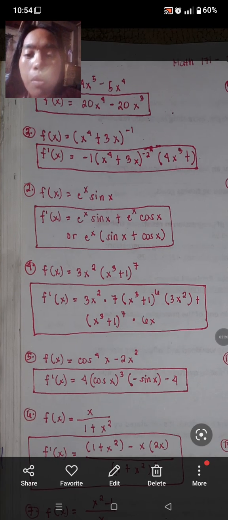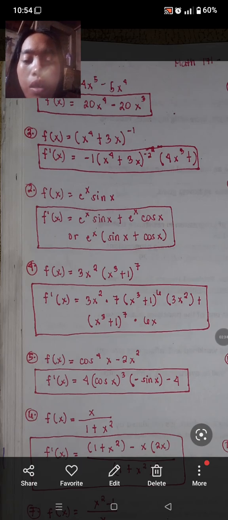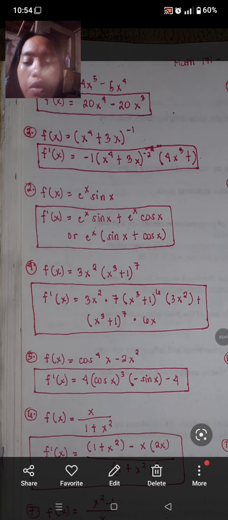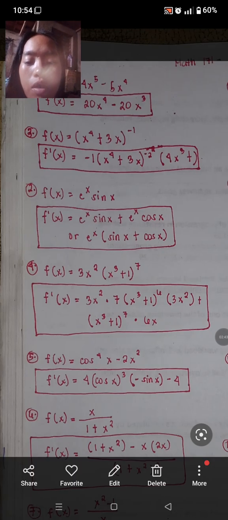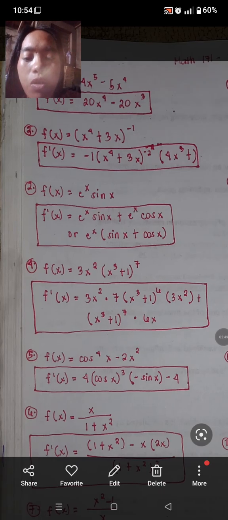So number 4, we have f of x is equal to 3x squared times the quantity of x cubed plus 1 to the 7th power. So first, let's write the 3x squared first times the power, bring down the power, which is 7, and then write the inner function.